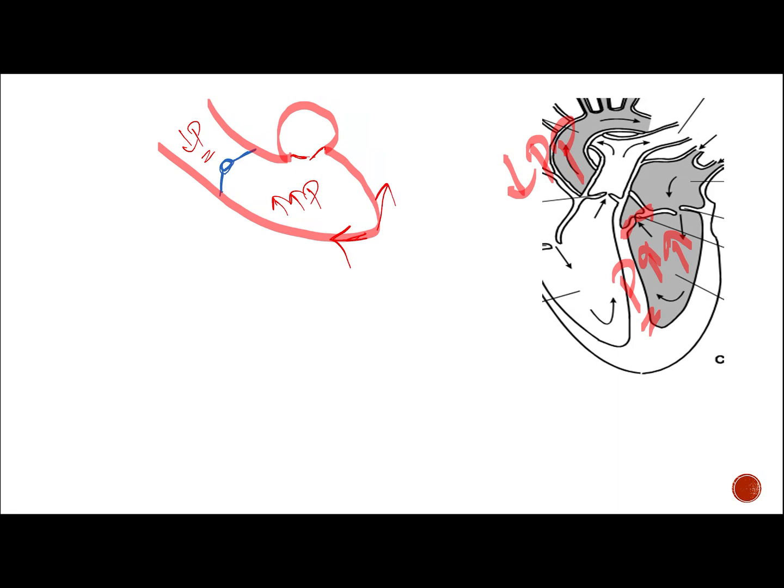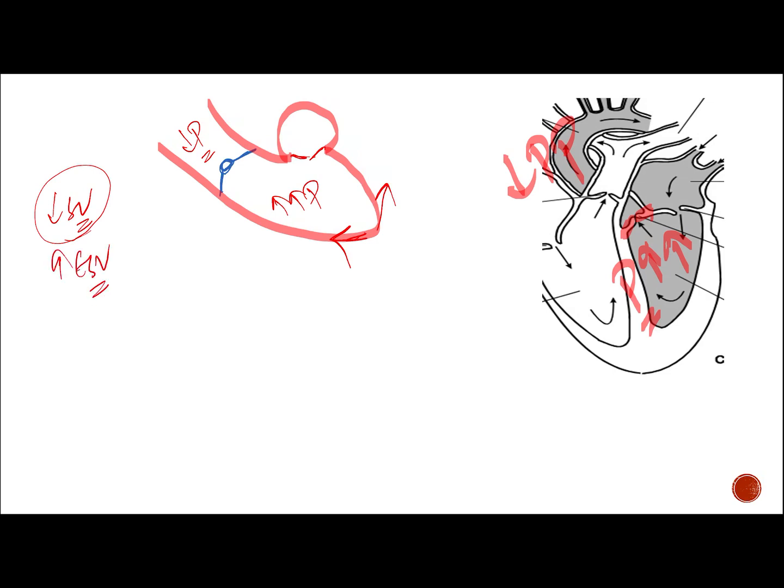Initially it cannot do that, so there will be a decrease in stroke volume. Stroke volume means the amount of blood that is transferred from the ventricle into the aorta per beat, so per cardiac cycle. As there is stenosis, the amount of blood transmitted is quite low, so there is a decrease in stroke volume, which will eventually cause an increase in the end systolic volume.